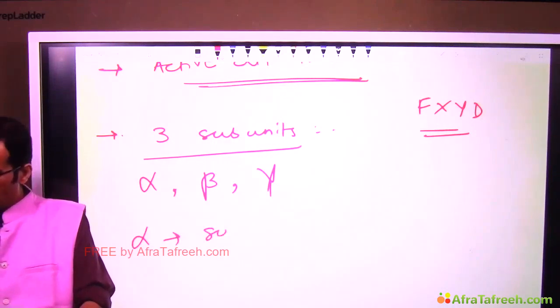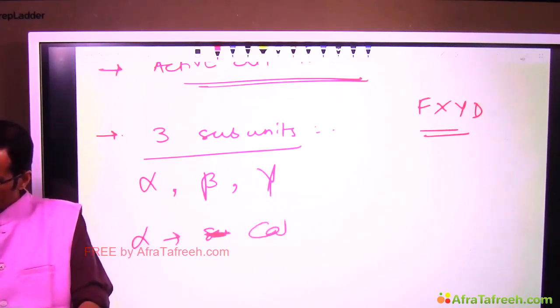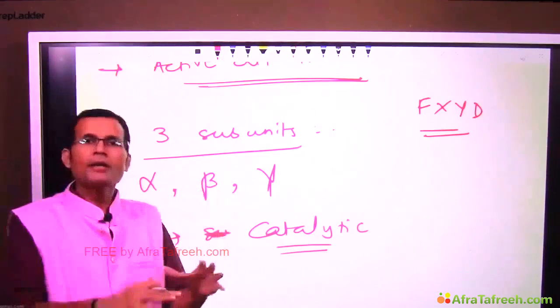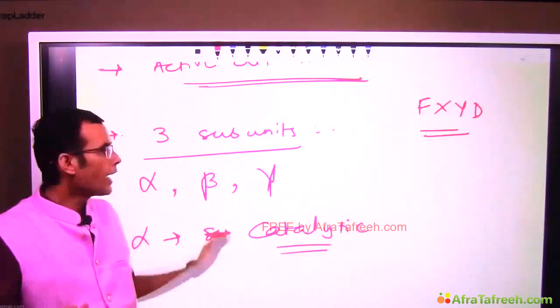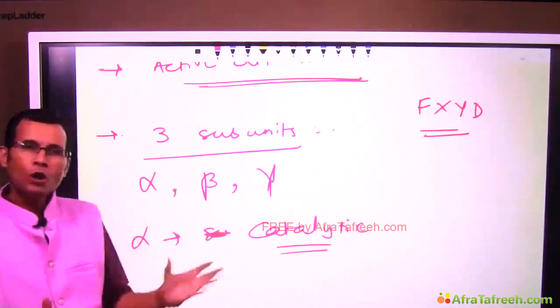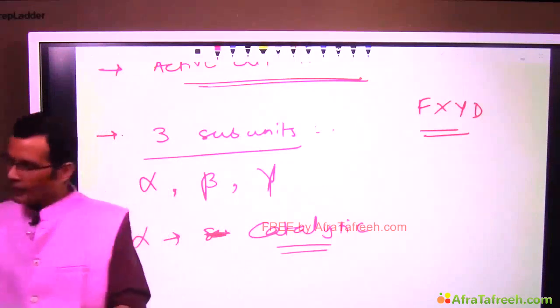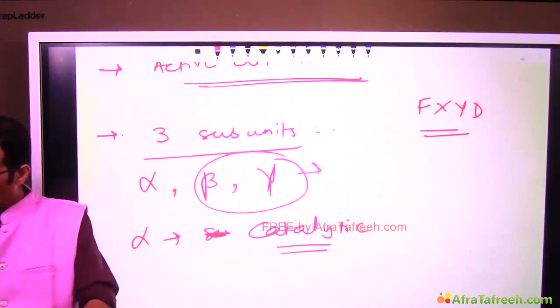Look, the alpha subunit is catalytic. Means all the binding and ATP breakdown and the transport of ions happens on the alpha subunit. Beta and gamma are only supportive.